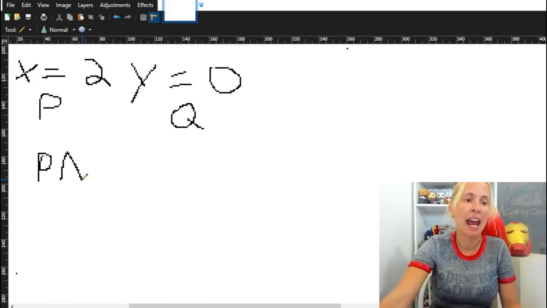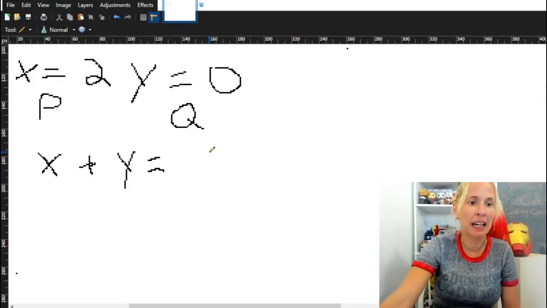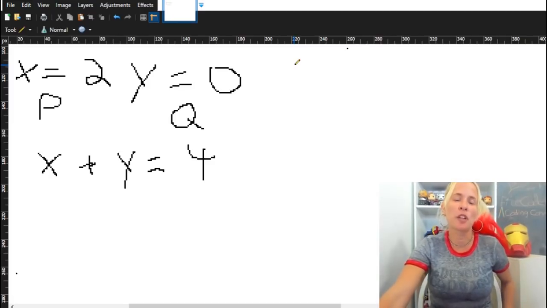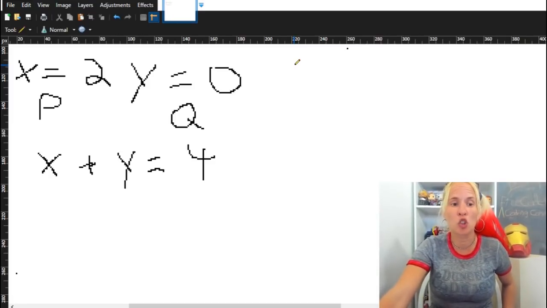P and q would mean that x equals 2 and y equals 0. So let's say if x plus y equals 4. What are the truth possibilities here? Let's see, what are the different possibilities of truth here?